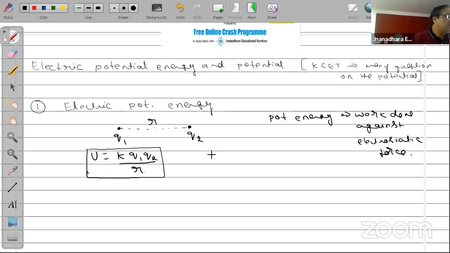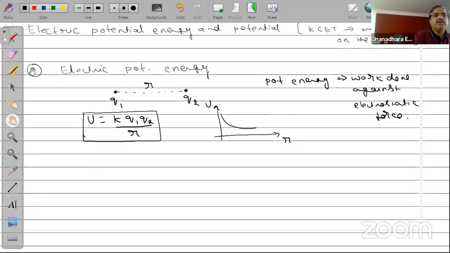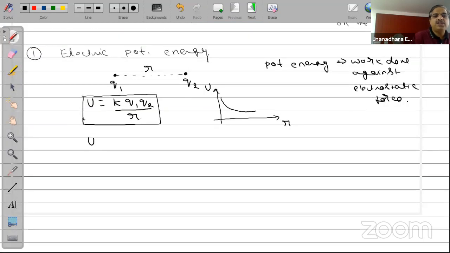Now, if you plot a graph of U versus R, you will get a curve like this. You will find that the potential energy will be 0 for R equals infinity. And similarly, potential energy will be infinity for R equals 0.